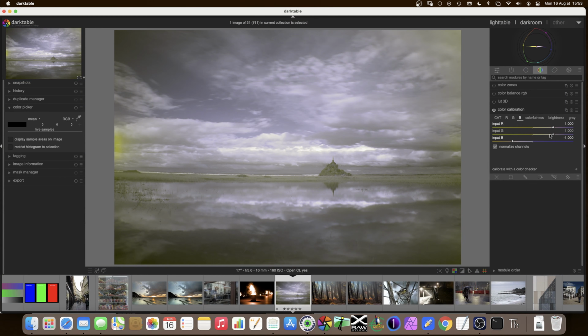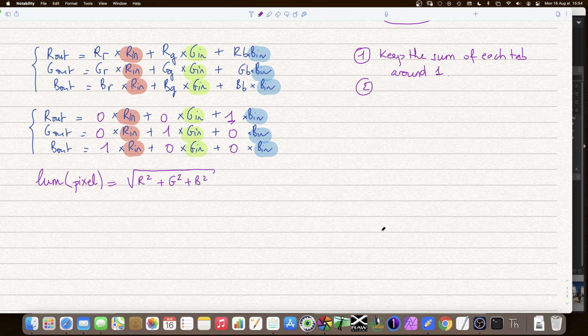So there we are, and I have respected the idea that the sum of each column is 1, so 1 + 1 - 1 is equal to 1, and here we have 1 and there we have 1. So that is a second use of the channel mixer, and the more we use it, the better we understand exactly how it works, and the quicker we'll approach more subtle transformations.